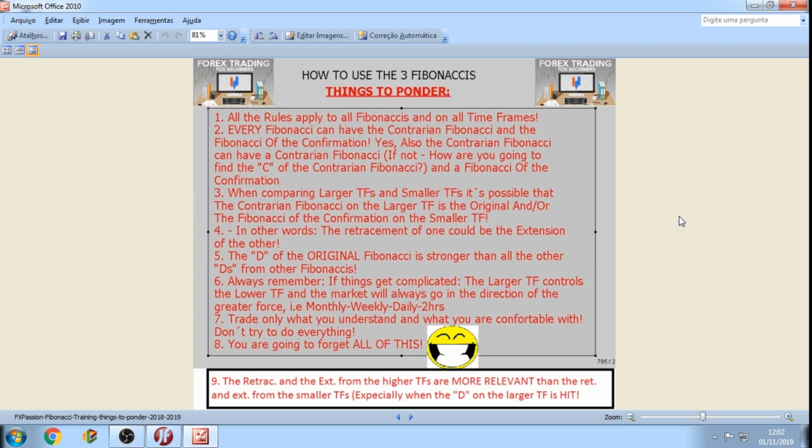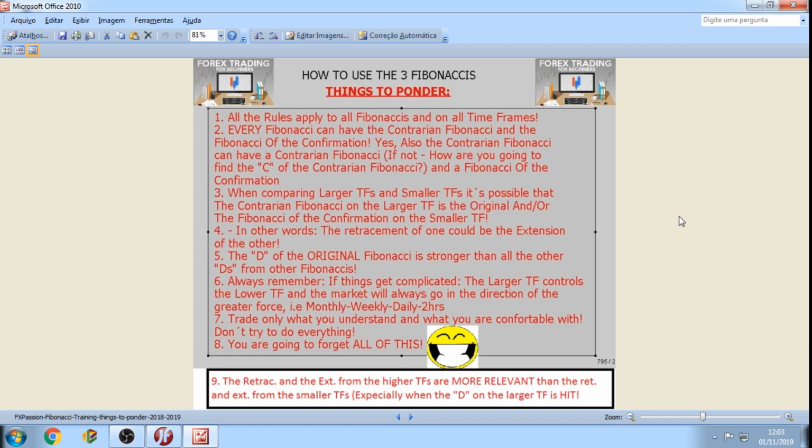Number two, and this is a difficult one in the beginning to understand, every Fibonacci can have the contrarian Fibonacci and the Fibonacci of the confirmation. So it's not just the original Fibonacci that have the contrarian Fibonacci and the Fibonacci of the confirmation, but also the contrarian Fibonacci can have a contrarian Fibonacci and can have a Fibonacci of the confirmation.